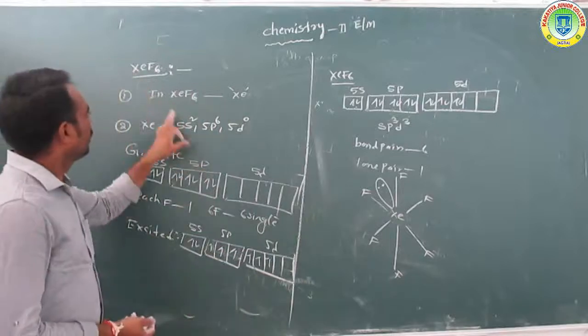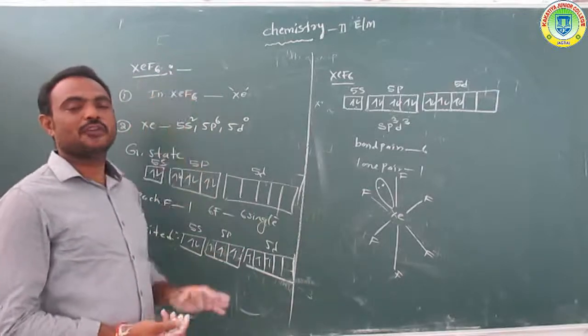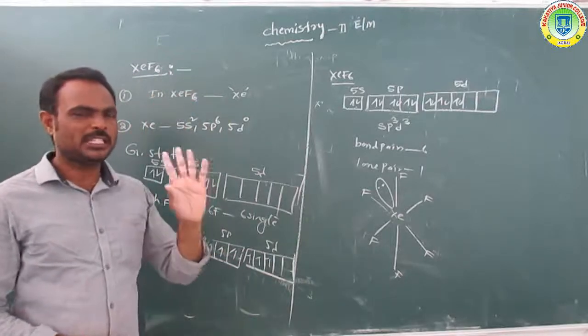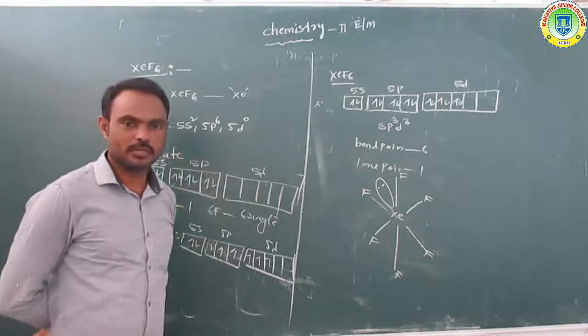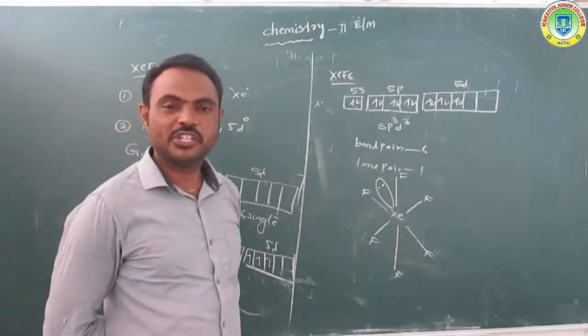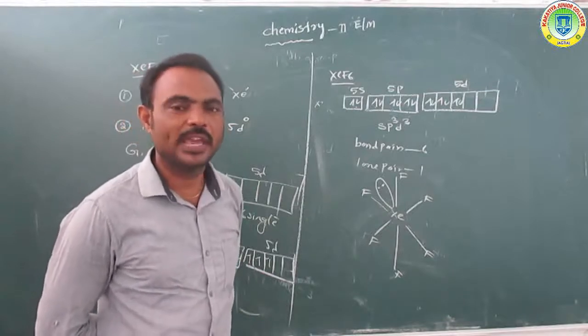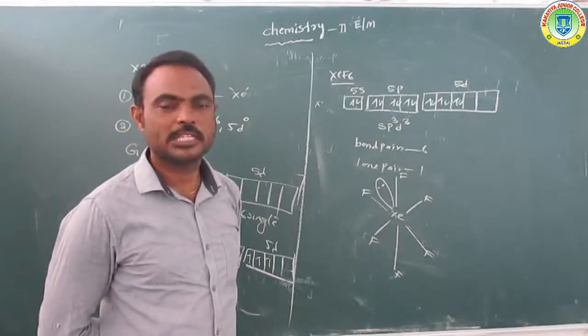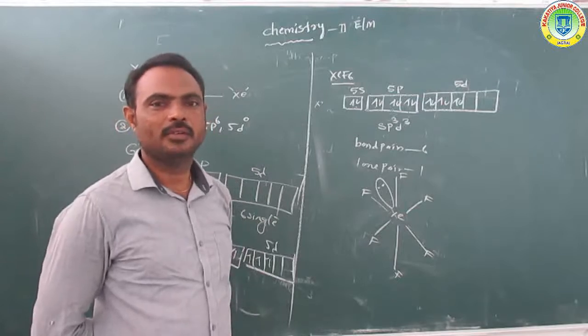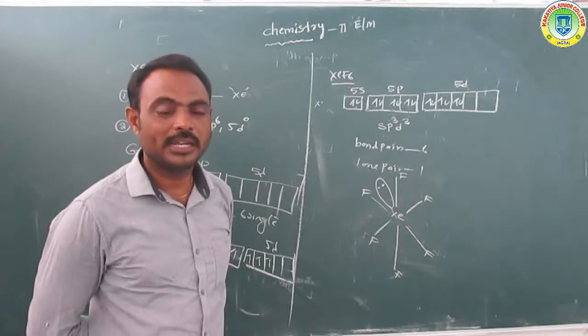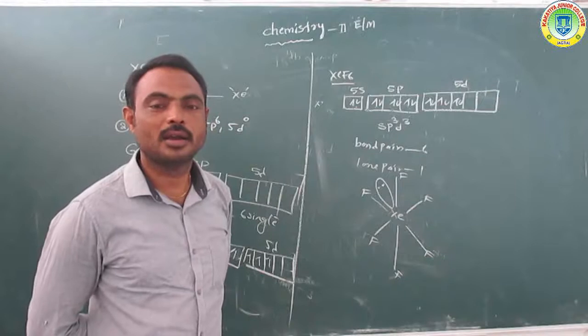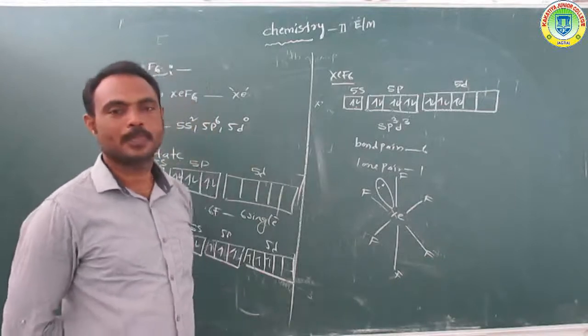Listen, what is the structure of XeF6? Mainly, two points are very important: hybridization and structure. What is the hybridization of XeF6? sp3d3. What is the structure? Distorted octahedral shape.